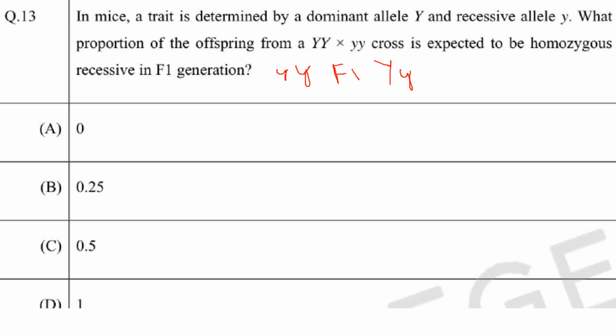That is not a homozygous recessive condition, it is heterozygous, and it is dominant, not recessive. So the proportion expected to be homozygous recessive will be 0. Answer is option A.